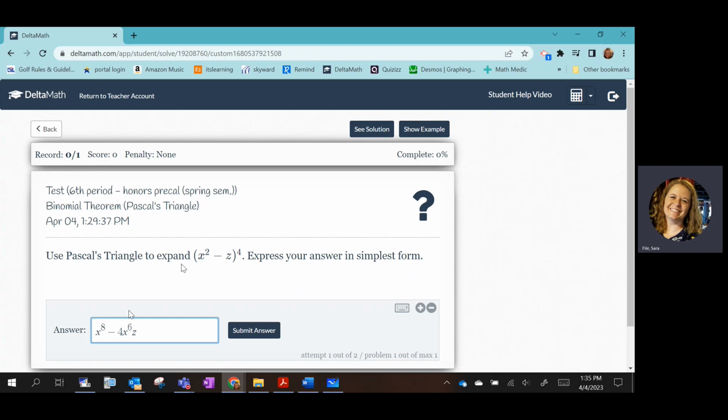Okay, and then it's back to positive 6 and minus, what was it? X to the, was it just x squared? And then was it z cubed?